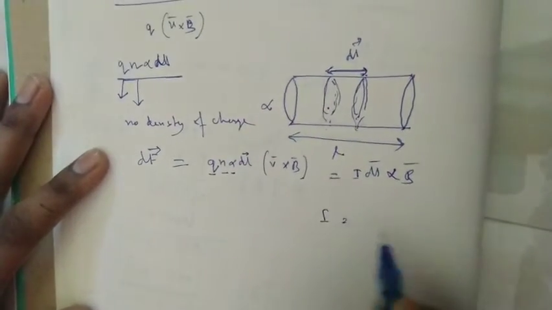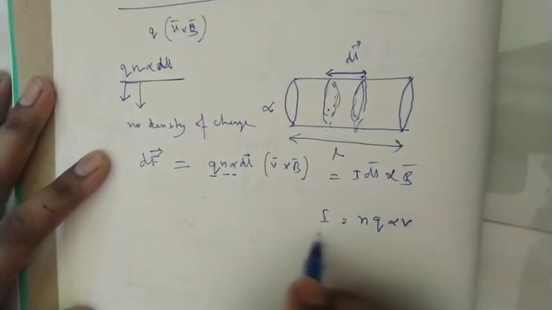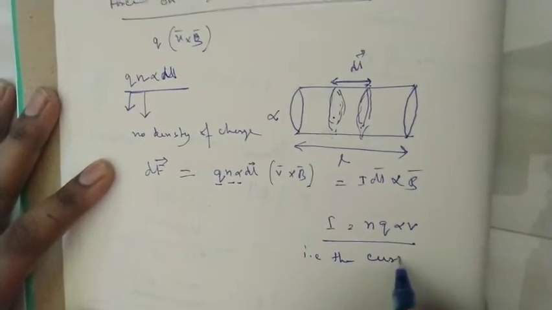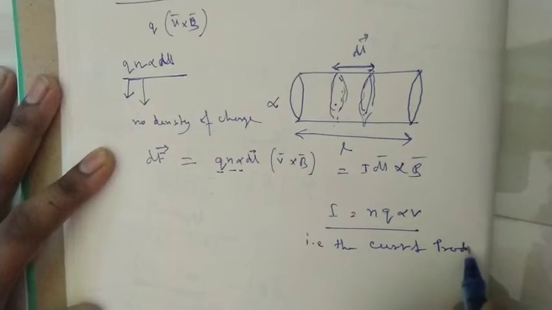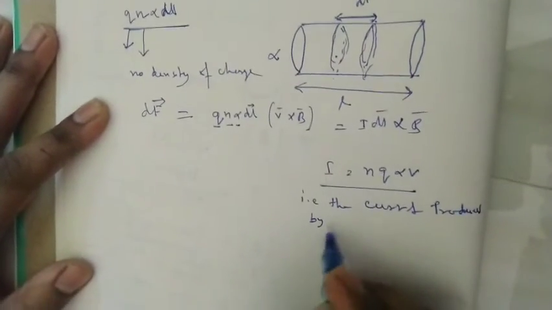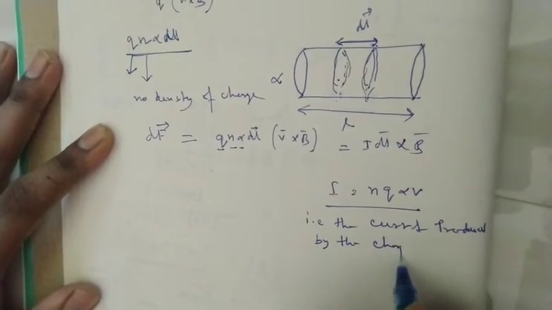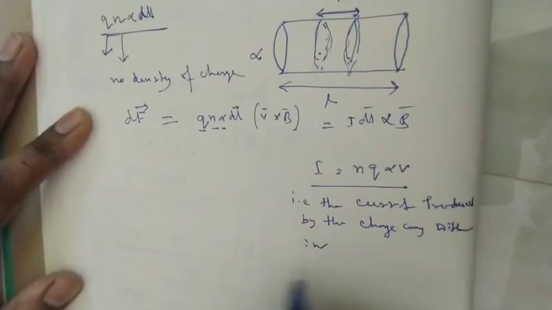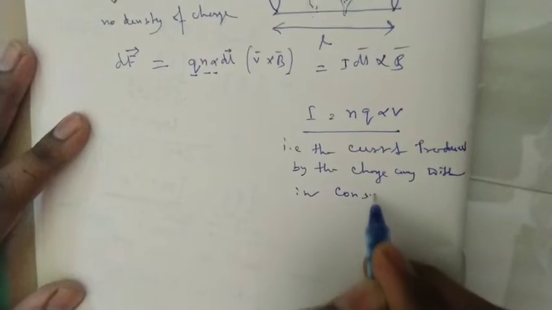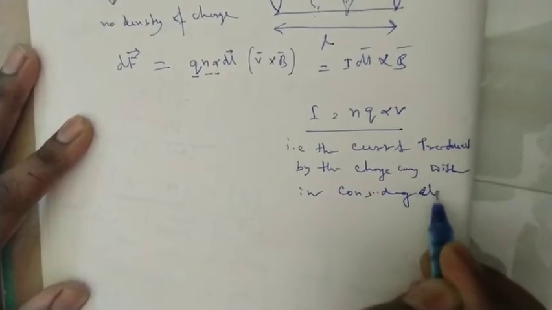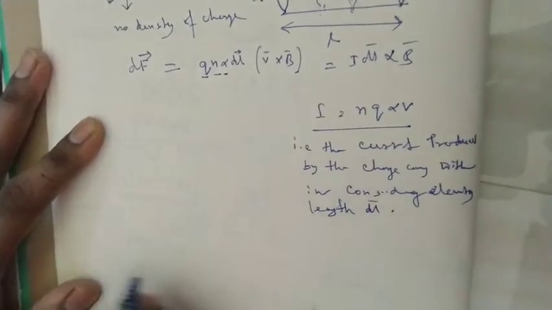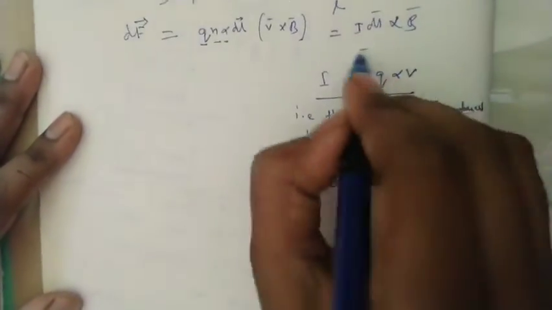I is nothing but n q alpha v, the current produced by the charge carriers within the elementary length dl. This is expression 3.